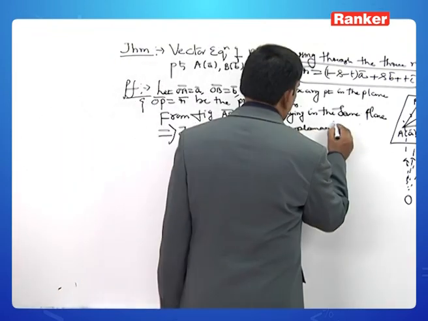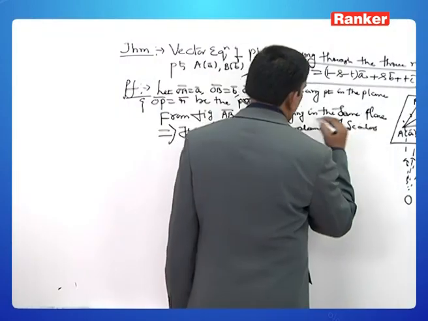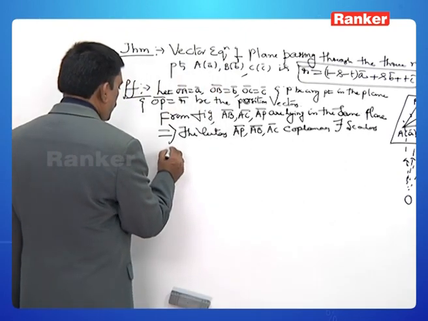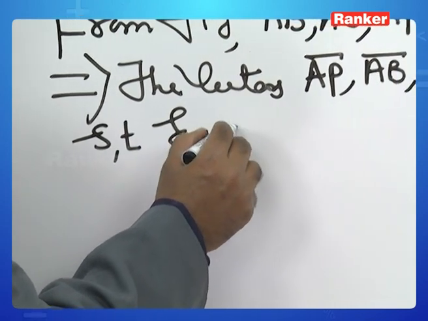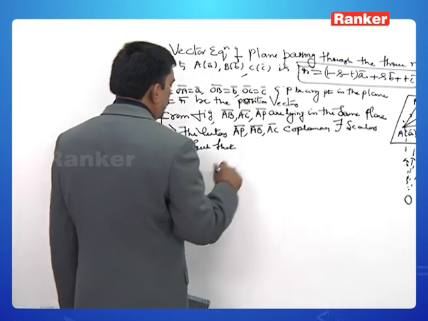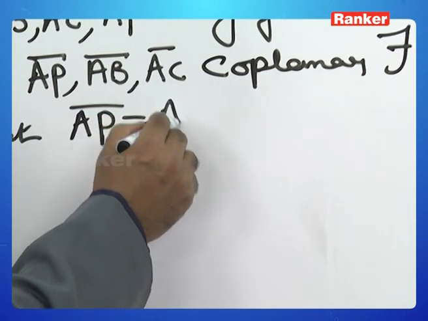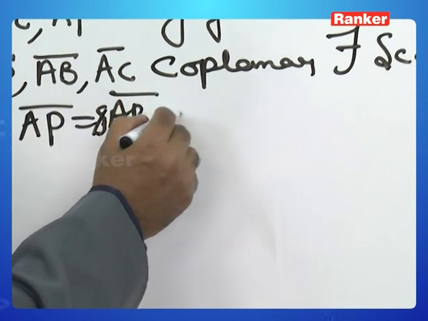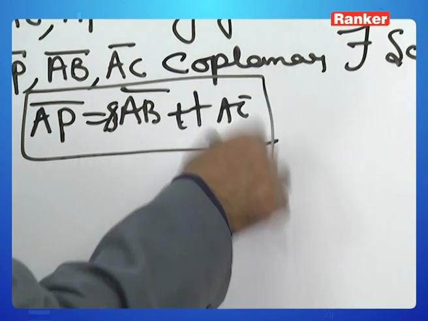There exist scalars S, T such that one vector can be expressed as S into AB bar plus T into AC bar.